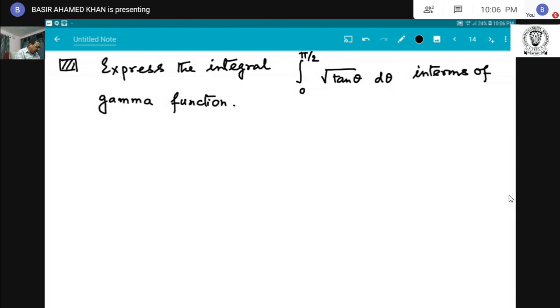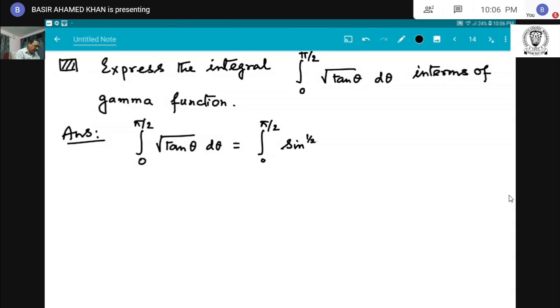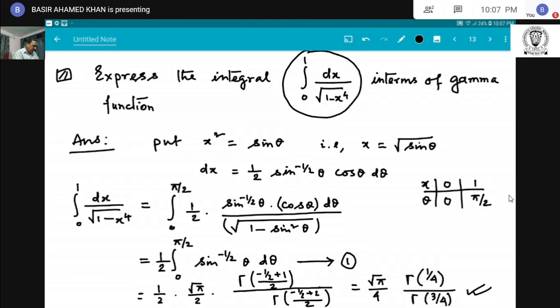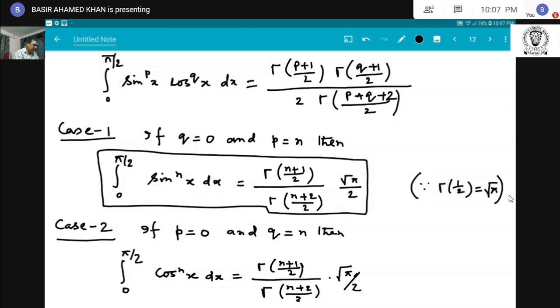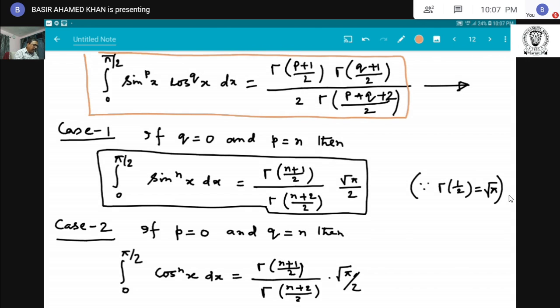Here the integral from 0 to pi by 2 of root of tan theta d theta equals the integral from 0 to pi by 2 of sin to the power half theta cos to the power minus half theta d theta, and this equation 2 is very similar to this equation, where p equal to half and q equal to minus half.